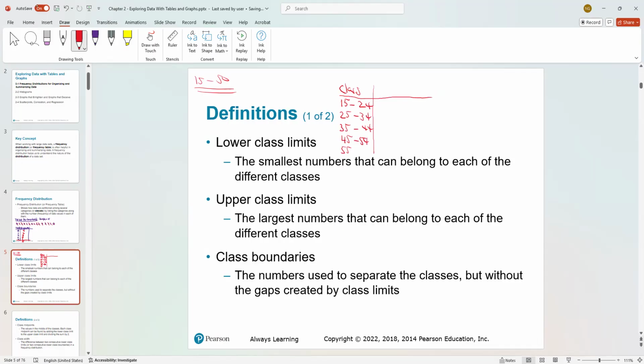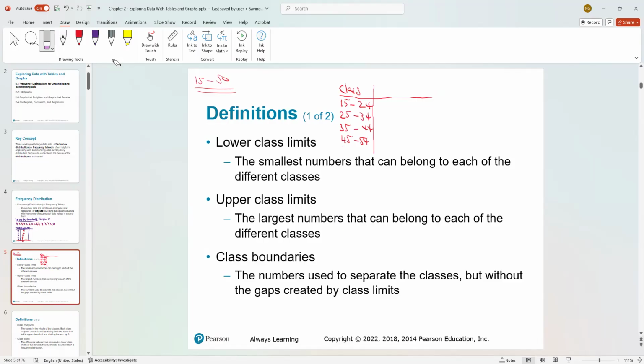We don't need another class, because all our students' ages are from 15 to 55. The lowest age would be in the first class, 15 to 24, and the oldest student, 50 years old, would be in the last class, 45 to 54.